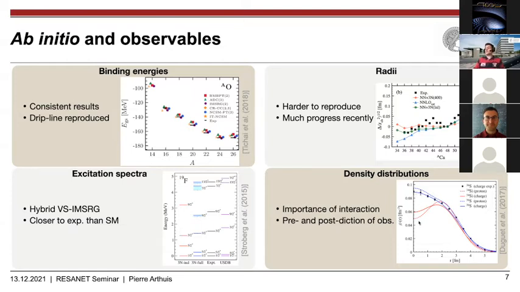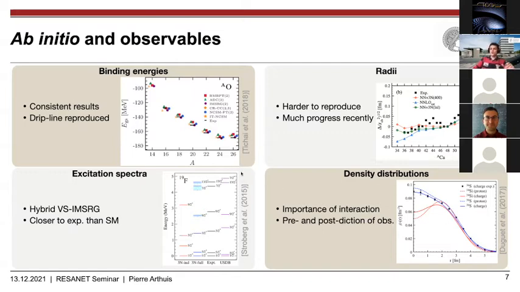And at the same time that they were predicting experimental results, they were predicting a bubble nucleus for silicon 34 by looking here as well at the charge density distribution. So as you can see, even for things that might seem a bit trickier to reproduce, actually, with a good choice of method and interaction, you're really able to be pretty much on top of the experimental results.